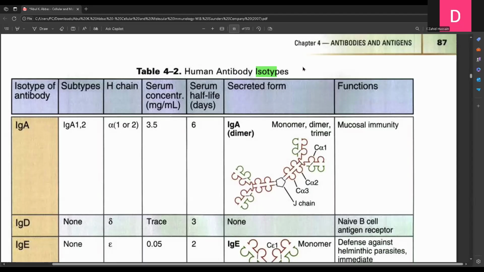And relating to this, the names of the antibodies are IgA, IgD, IgE, IgM, IgG. In IgA, the heavy chain is of alpha type, and IgD is the delta chain.